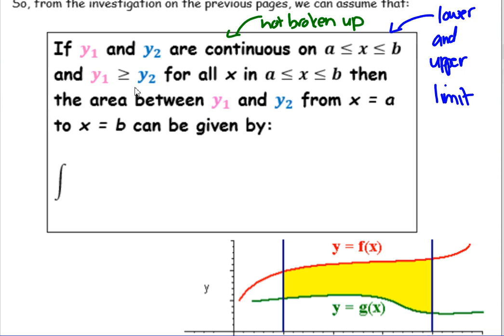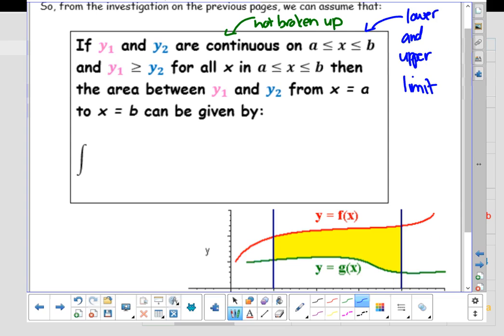So you're right, Bella. Y1 is greater than or equal to Y2. What do you think they're meaning about the location? Yeah, further up. Y1 would be the top function, so meaning Y1 sits above.